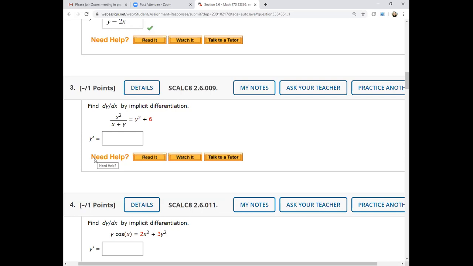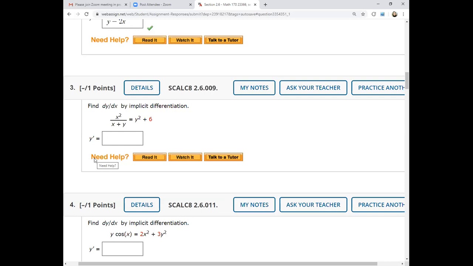So we're going to start the same way. d dx of the fraction x squared over x plus y is equal to d dx of y squared plus d dx of 6.